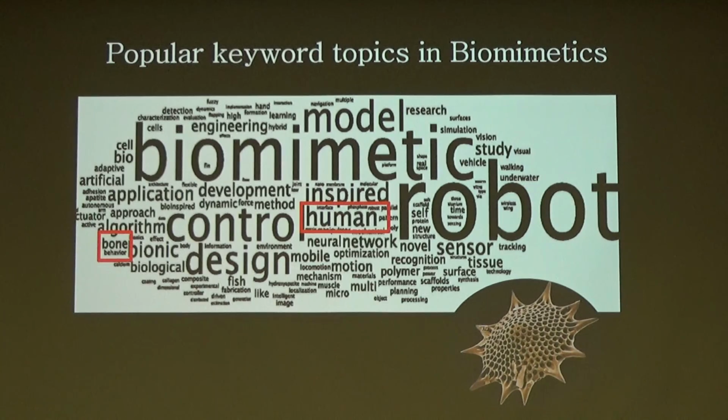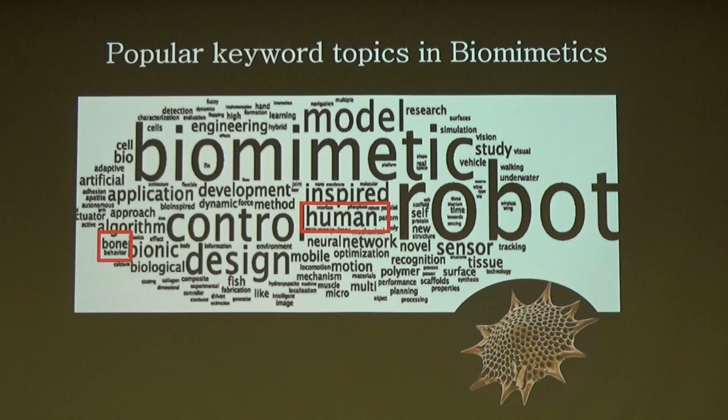And when you take a look at the keywords in biomimetics, this is generated from the literature. It shows the various areas of biomimetics that are really taking off at the moment. Robotics is probably the biggest one at the moment, the biggest area of industry and technology that's trying to do this translation from nature to technology.